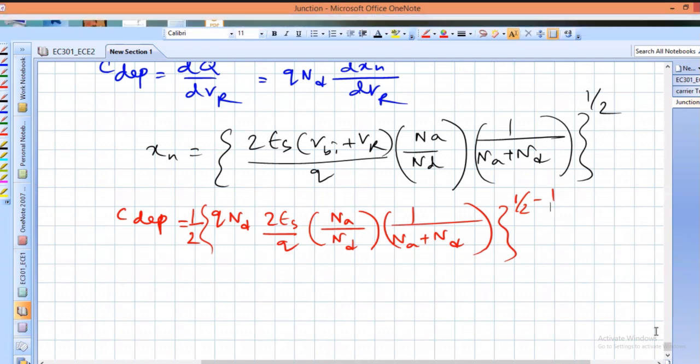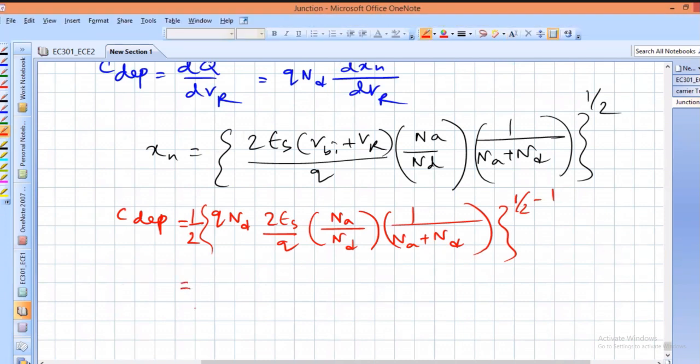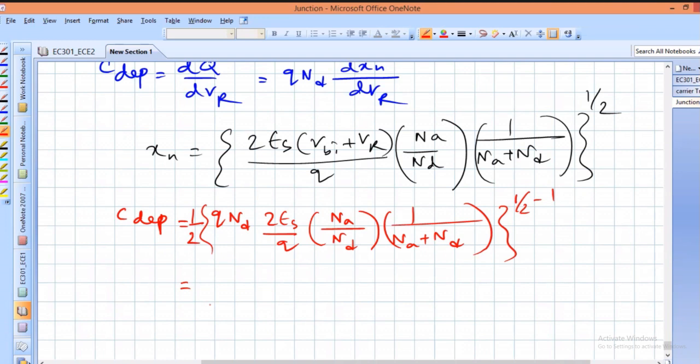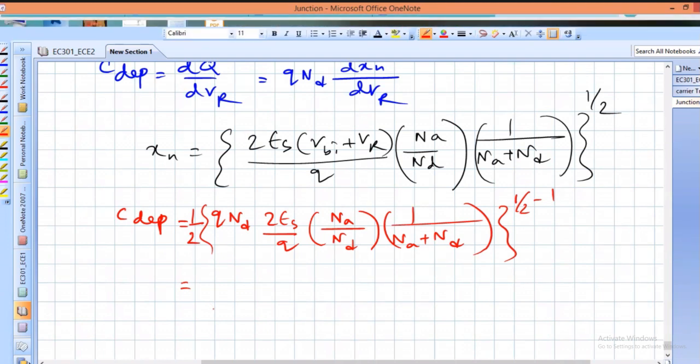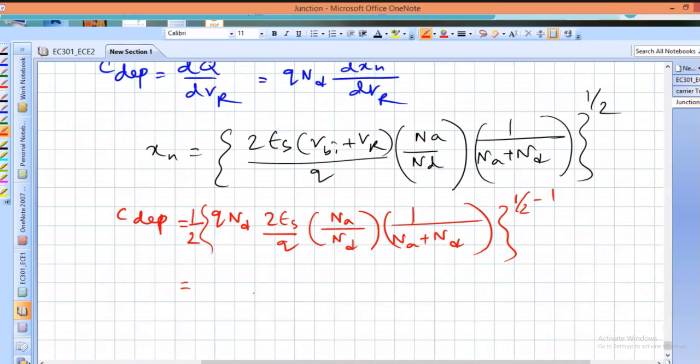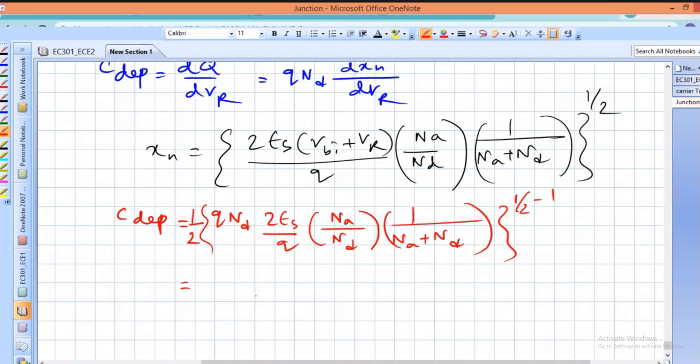If you rearrange the equation, you will see this is minus, student. This section will be in the denominator.